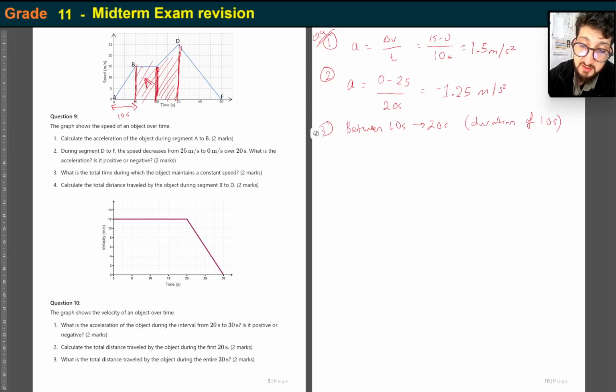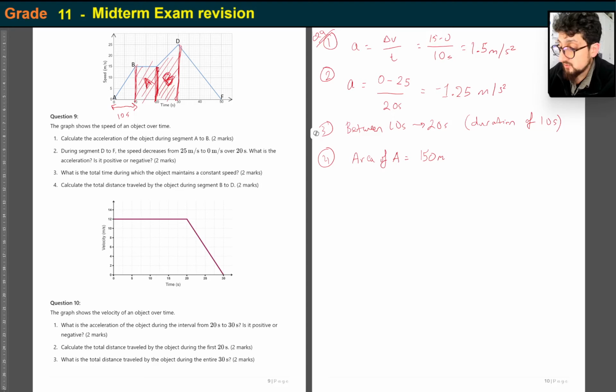I'm going to call this A, and I'm going to call this B. And so A can be calculated by just going height times width. So area of A equals 15 times 10, which is 150 meters. It'll be 150 meters because we're multiplying speed by time, and so the seconds cancel out.